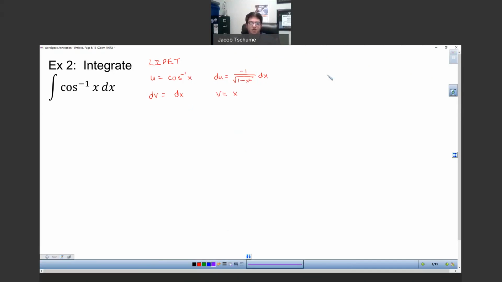So don't forget, integration by parts is uv minus the integral of v du. So let's substitute everything into our formula. So if you multiply your u and v term, you will get x times the inverse cosine minus the indefinite integral.